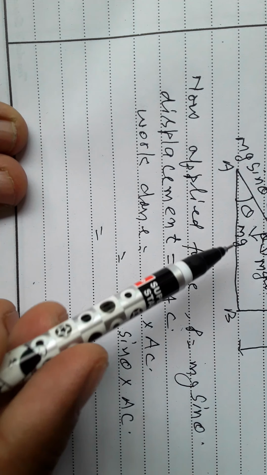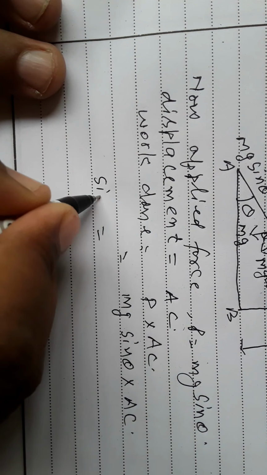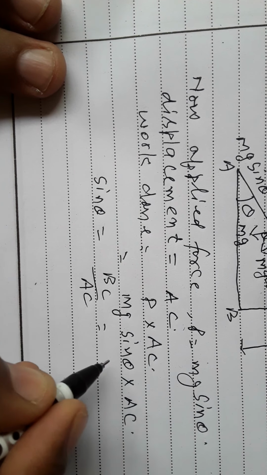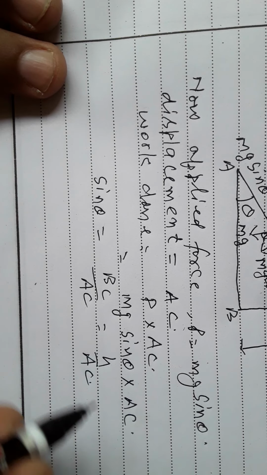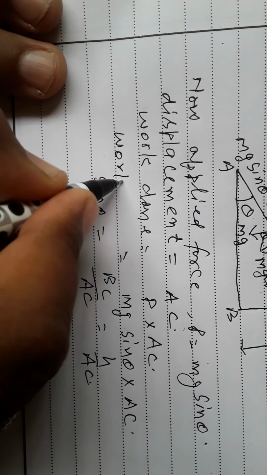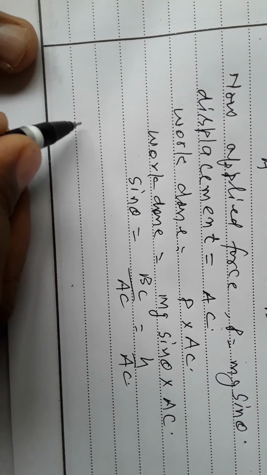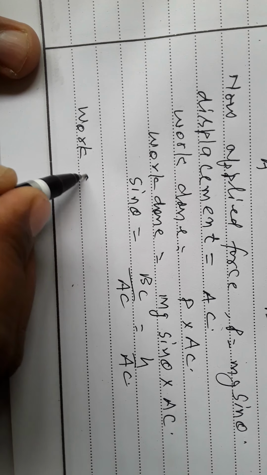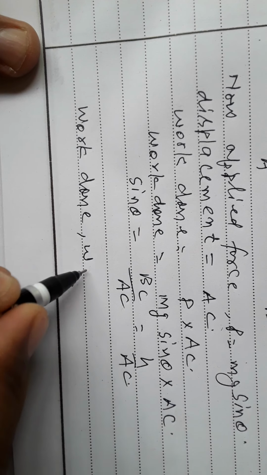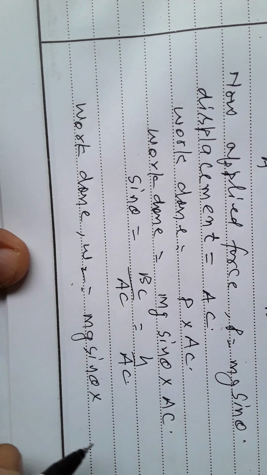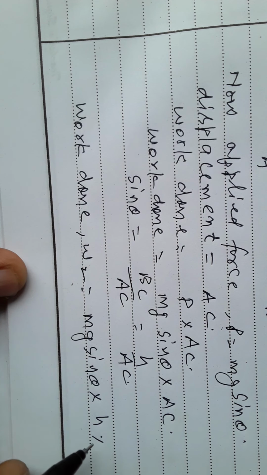From this triangle, we can find the value of sin theta, which will be perpendicular upon hypotenuse. Perpendicular is h by AC. So now we can write work done W2 is mg sin theta into AC.